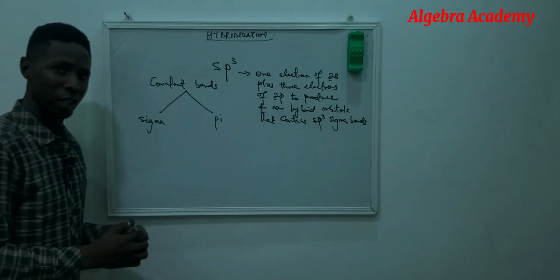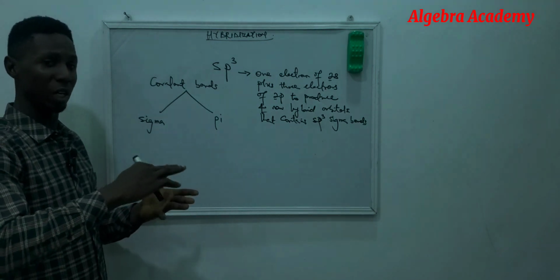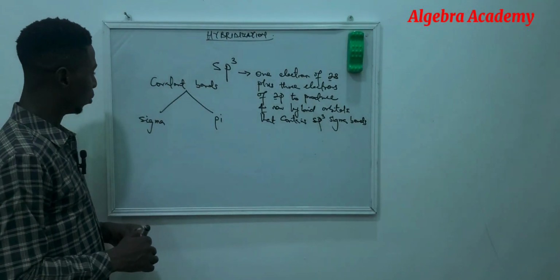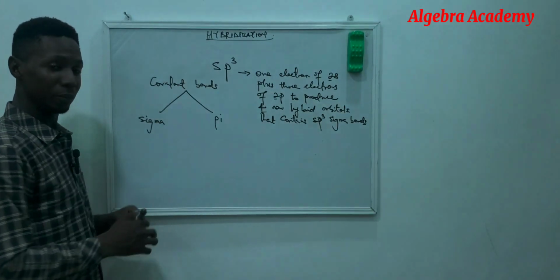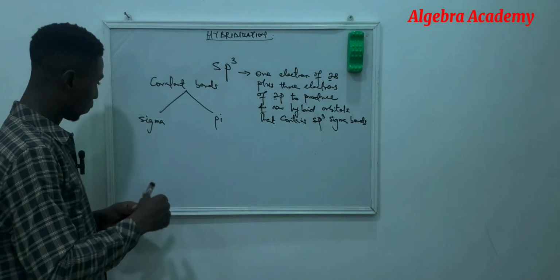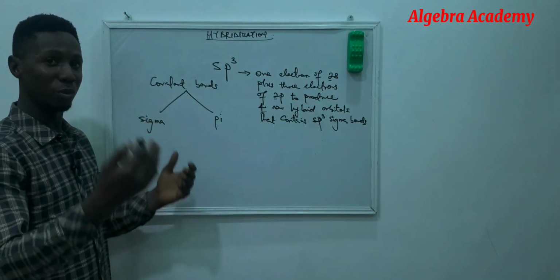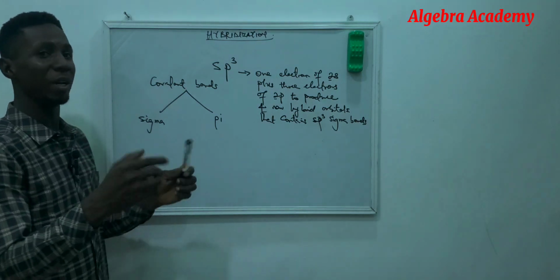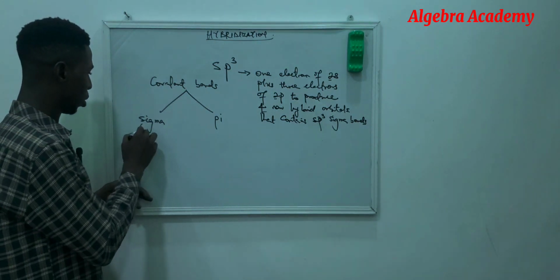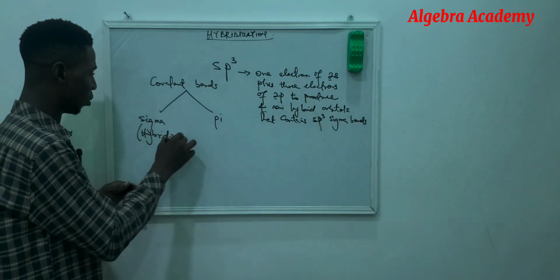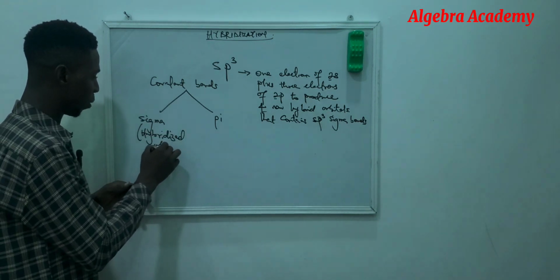Let me just explain in such a way that everybody will get the idea simply. What forms sigma is hybridized orbitals. Hybridized orbitals form sigma.